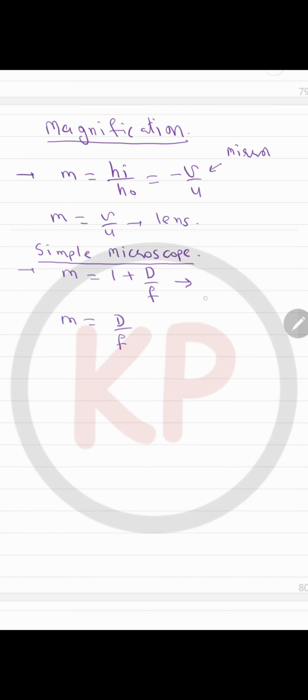The formula 1 plus D by F is used when the image is formed at near distance, and M is equal to D by F is used when it is formed at far distance, at infinity.